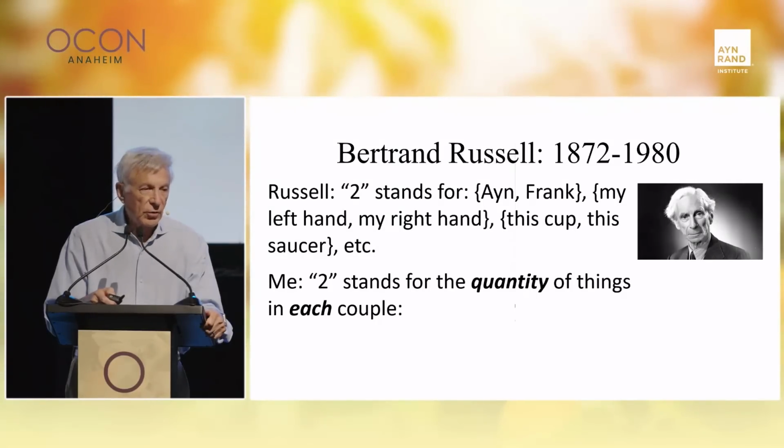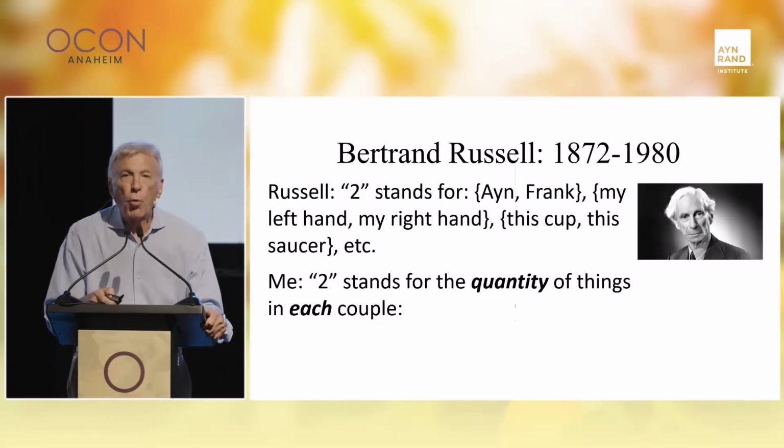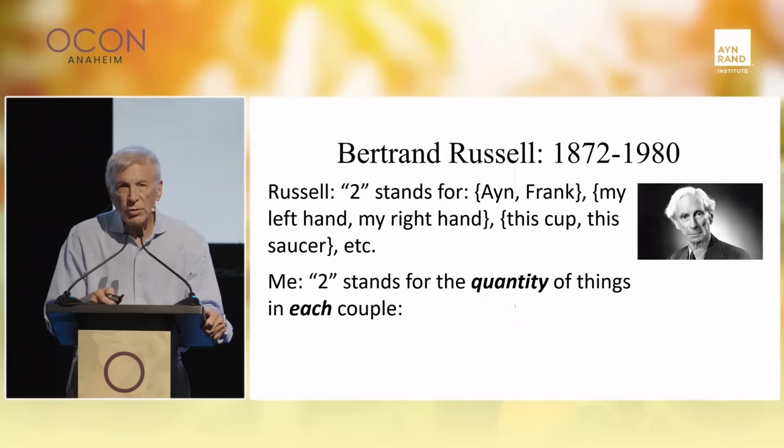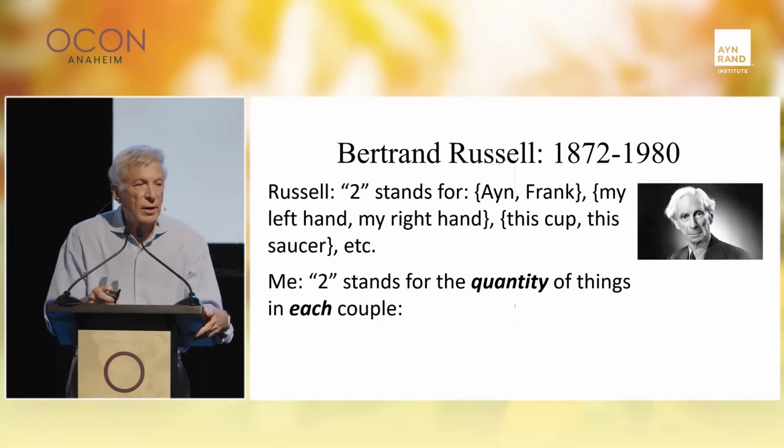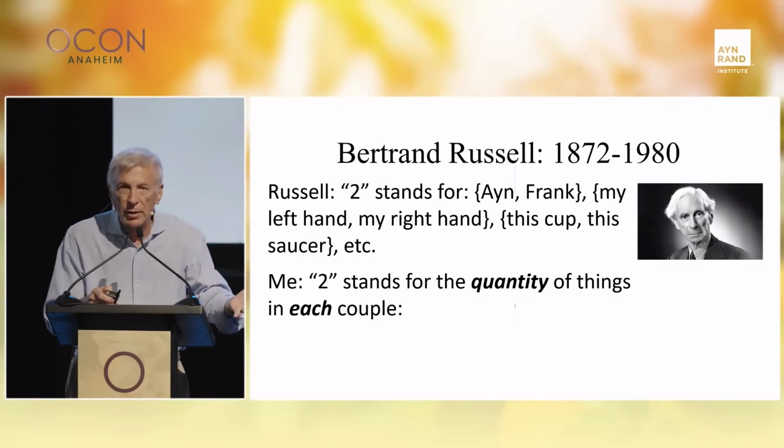Now, here's what I say. 2 stands for the quantity of things in each couple. 2 is the quantity of the couple Ein and Frank, of the class or the set or the group Ein, Frank. There's 2 elements in that group. That's the quantity of them. That's not them.